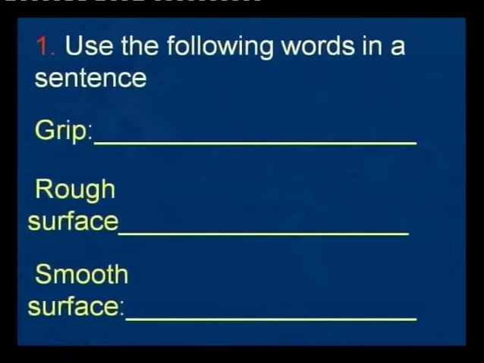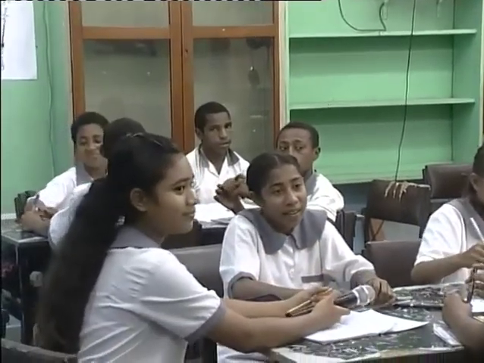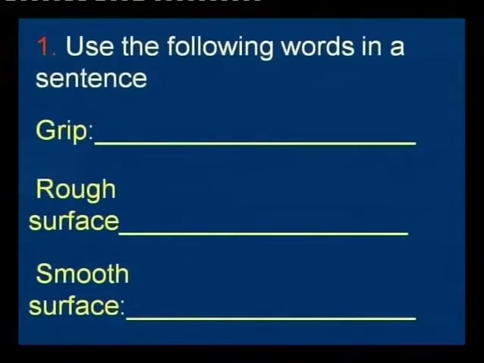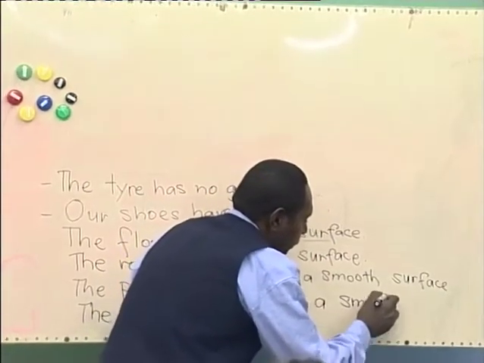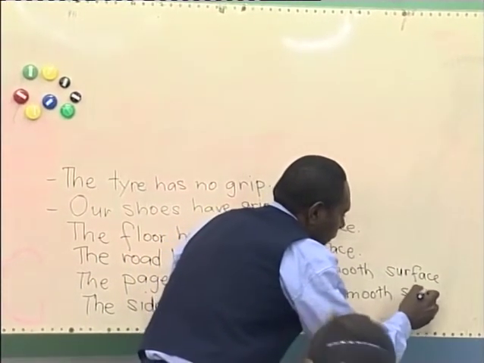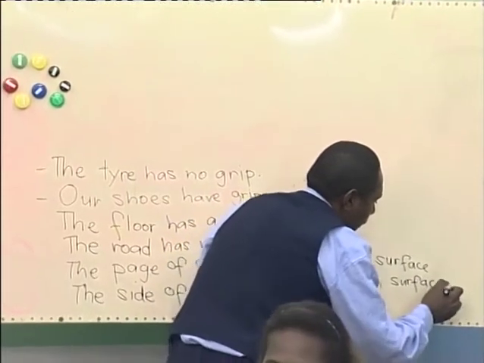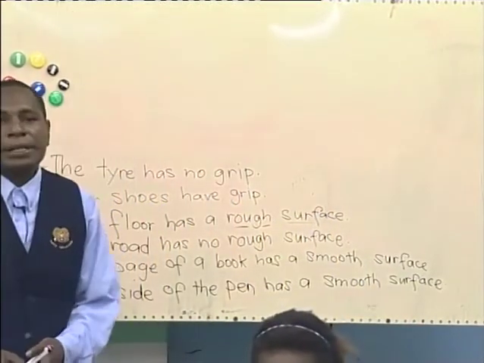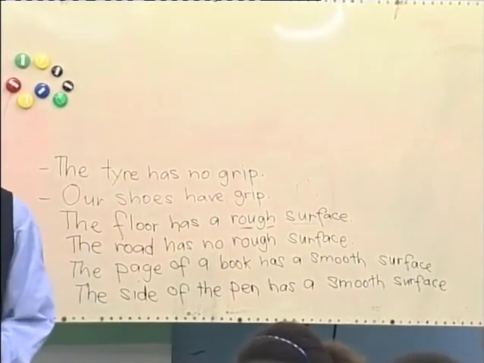And Tehila, the side of the pen has a smooth surface. Okay, this side of the pen. The side of a pen has a smooth surface.